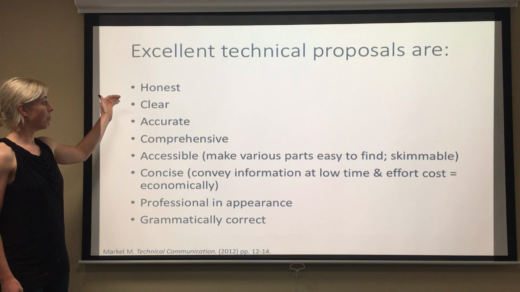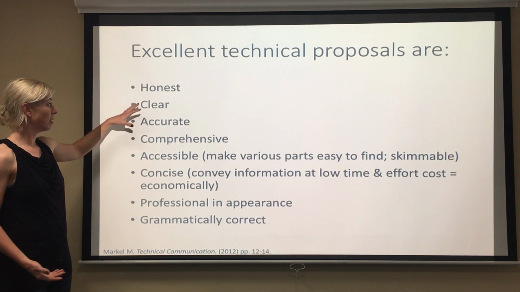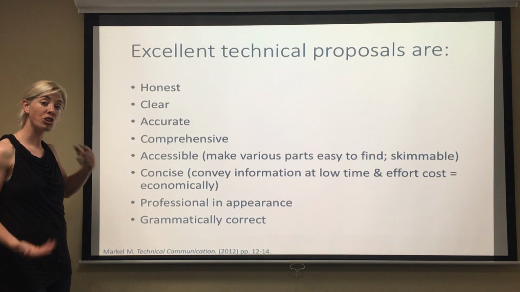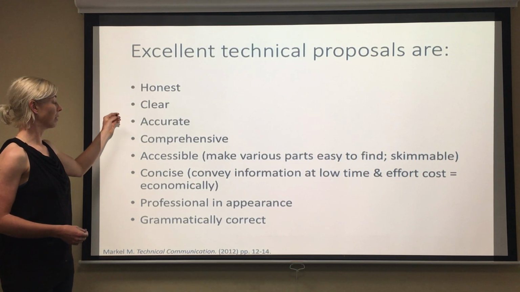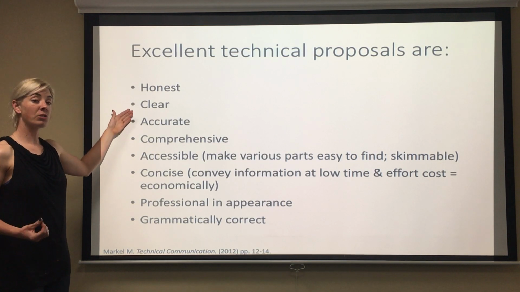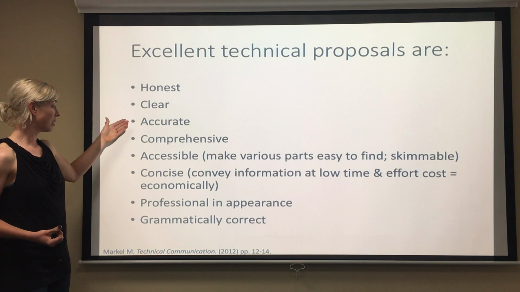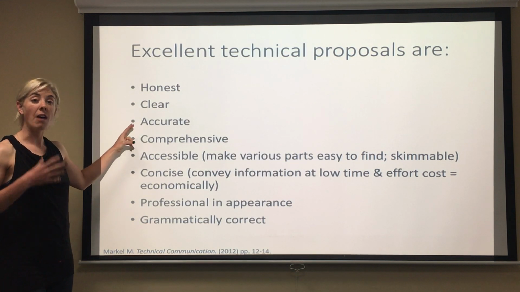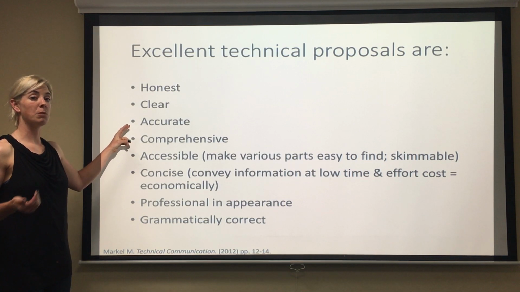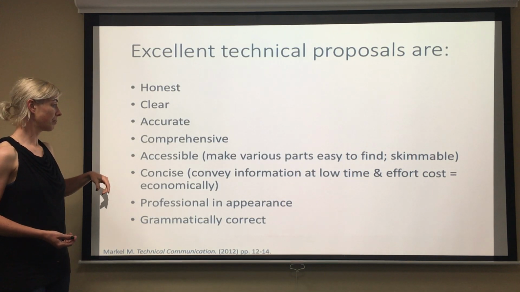In order to be well understood along both ethical lines and also a logical, rhetorical line, we need to be clear. Because these are technical documents, we need to be precise and accurate, and they need to be comprehensive, everything self-contained. All the information to make your case needs to be presented within that document.